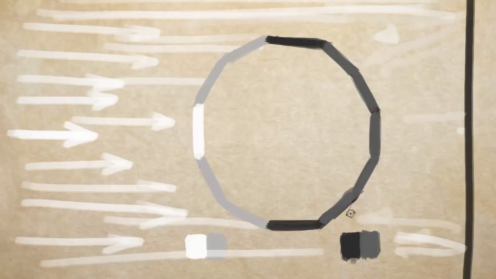But what you'll notice is that there's sort of a pattern here, and it goes like this. You get midtone, see we have our midtone, then you get highlight, and then you get again midtone, and then you get core shadow, and then you get reflected light.